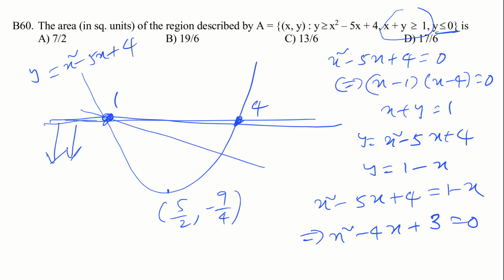So I observe from this I am getting x is equal to 1 or x equal to 3, factorizing. So I understand this point of intersection where they intersect, this is x equal to 3.